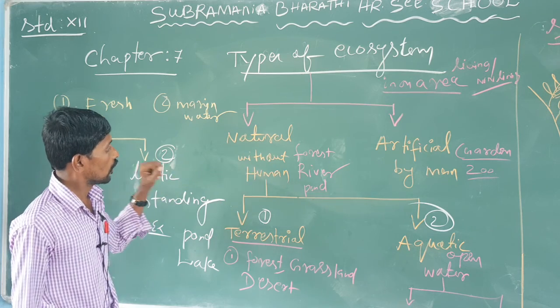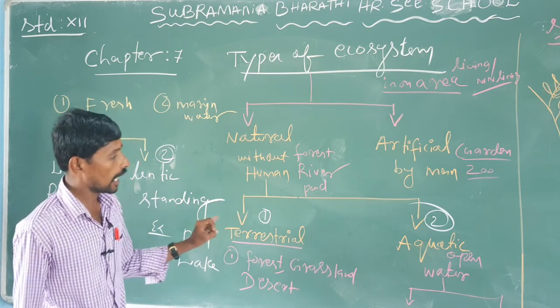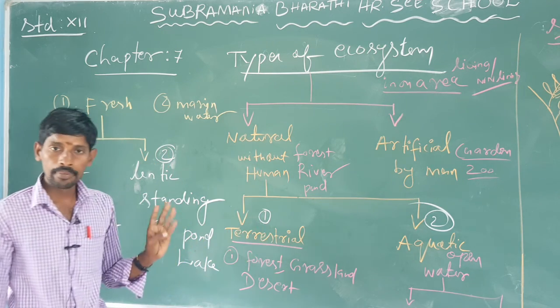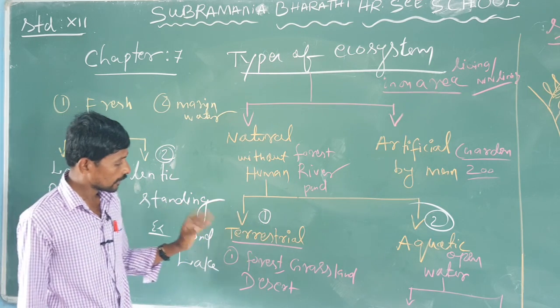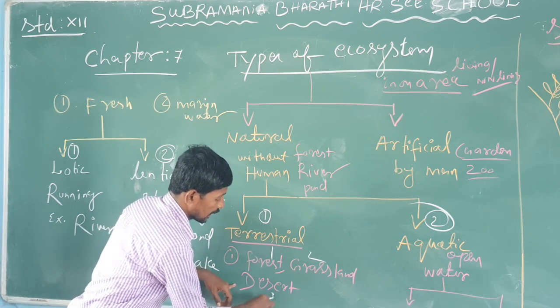The natural ecosystem is divided into two types, terrestrial and aquatic. Terrestrial ecosystem, both the living and non-living things, are the forest, grasslands, then desert.